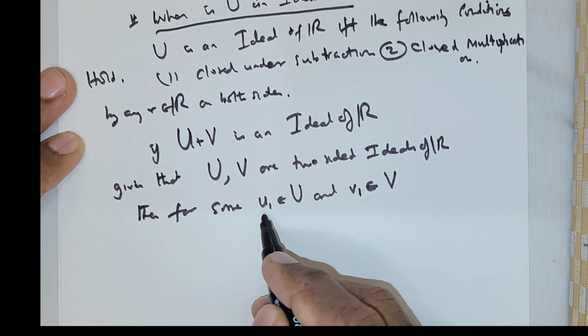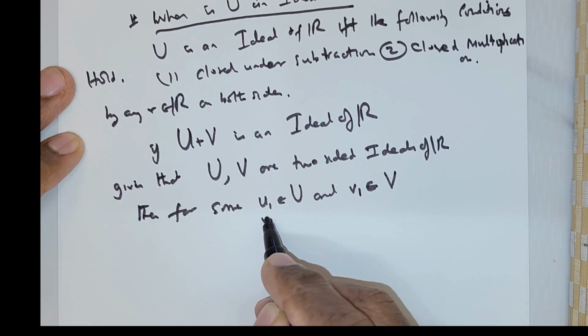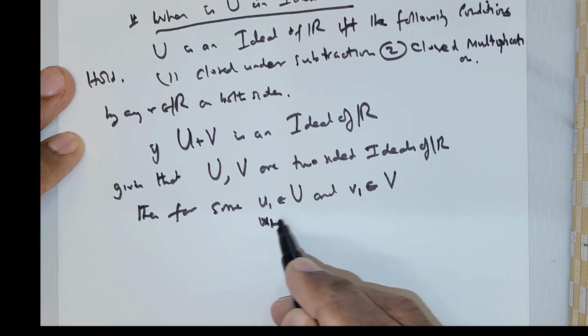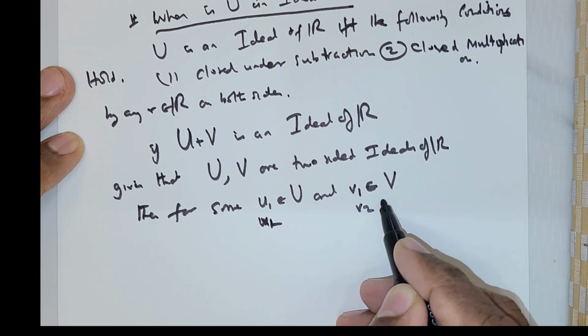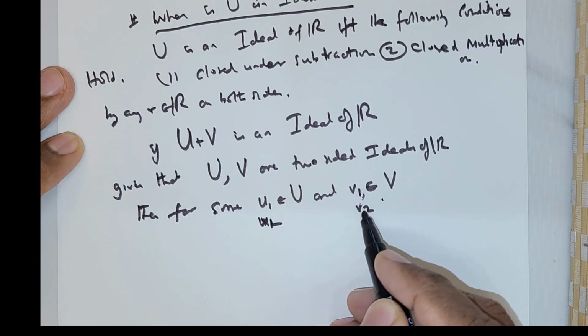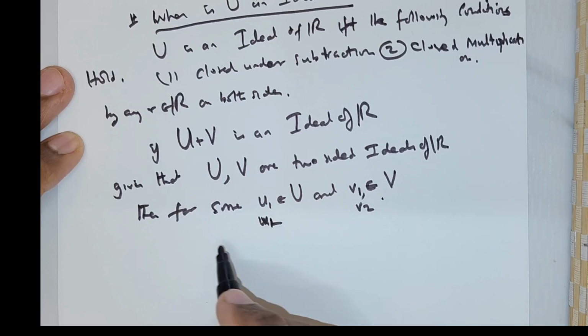Along with U1, I will take another U2, and over here I will take a V2. So V1, V2 and U1, U2.